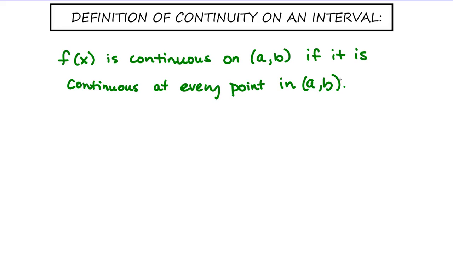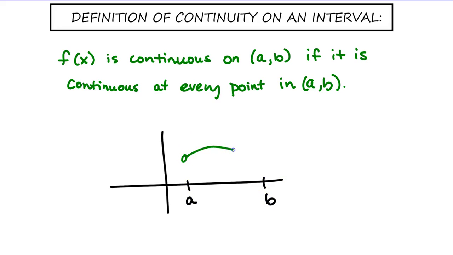Okay, that sounds really obvious and not helpful at all. Basically, what we're talking about is here's a, here's b, wherever they happen to be. You have something like this. We're talking about an open interval. If it's continuous at every point in between, then it's continuous on the interval.